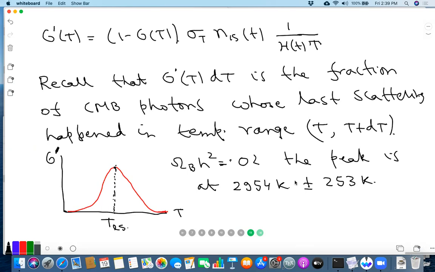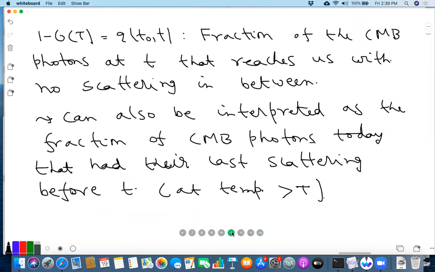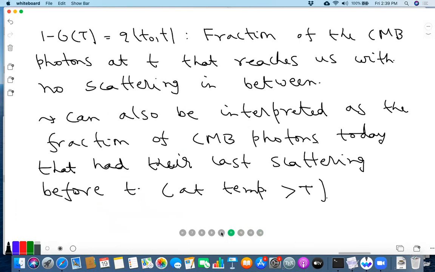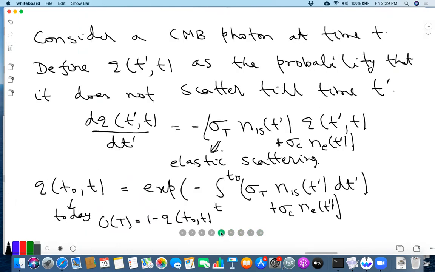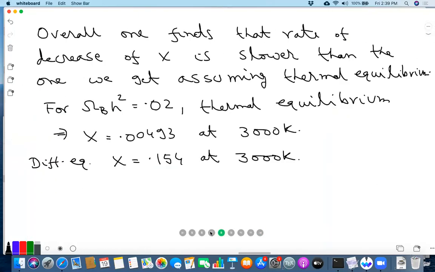Okay. So you see that the temperature has, of course, changed a bit from what we would have expected from the equilibrium values, because we had said here, let's just go back a little bit. You see that at 3000 K, the X is still 0.154, right? There's a reasonable amount of free electrons left. But this decreases very rapidly, and that's the important point.